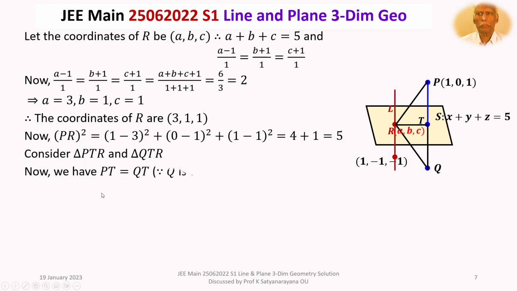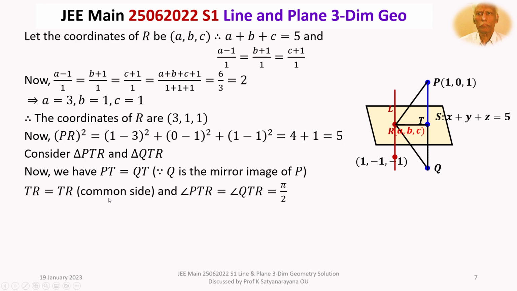Right. Now, we have PT is equal to QT. Why? Because Q is the mirror image of P. Correct? Now, TR is equal to TR. That is the common side. Right. Angle PTR is equal to angle QTR. Each is equal to 90 degrees. Why?